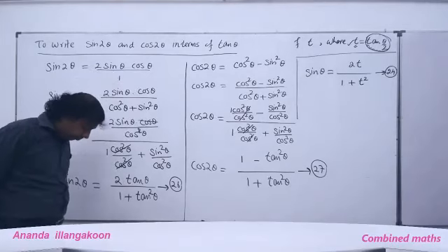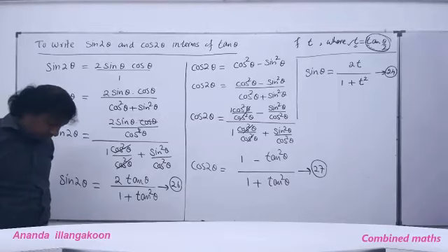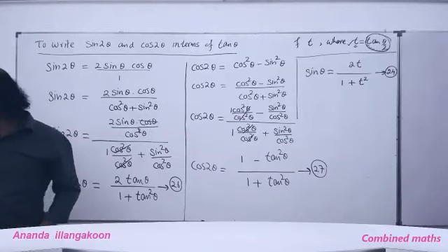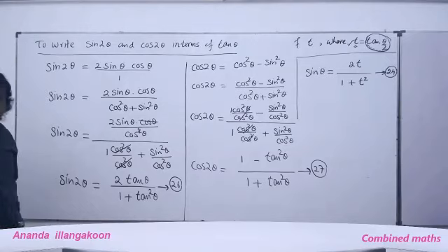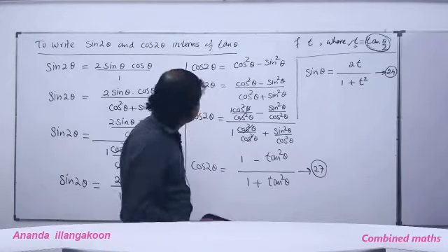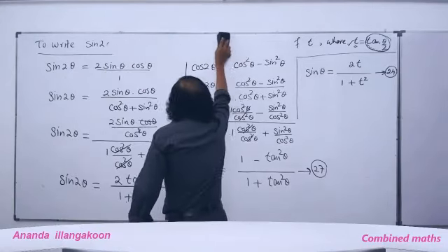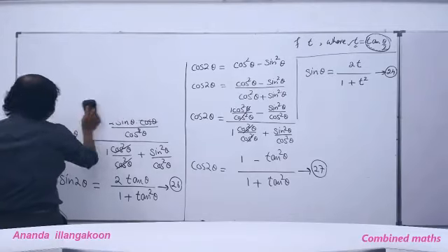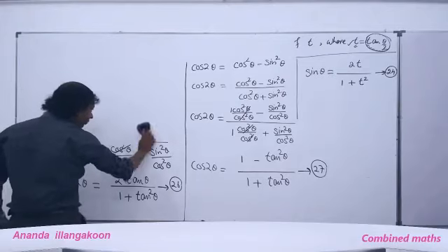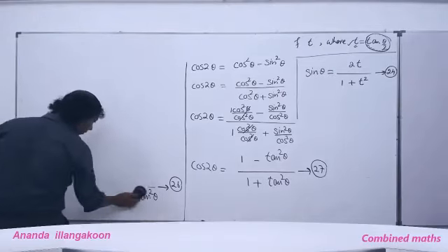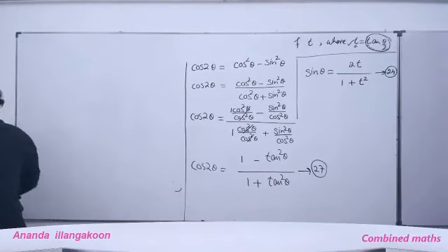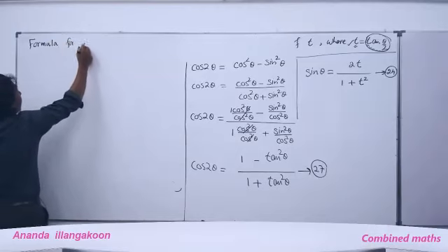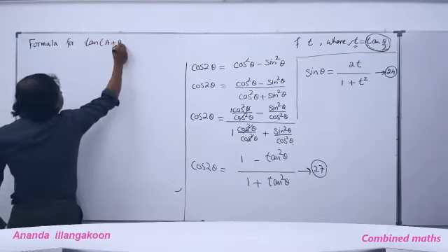Number 28, the last formula. Next one: formula for tan A plus B plus C. Right.